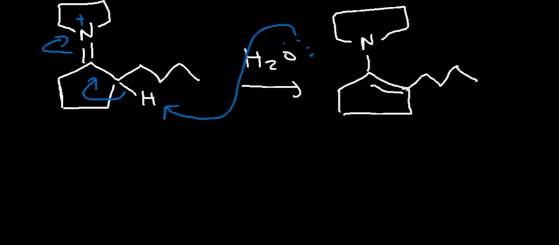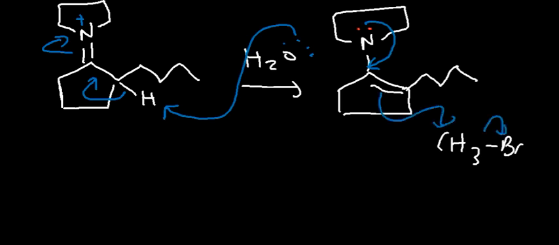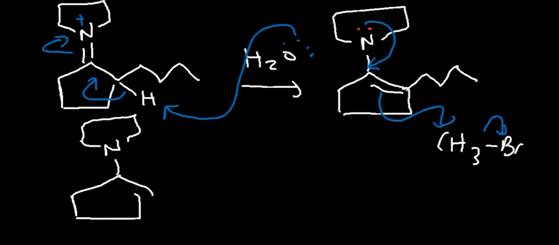So now, this enamine could react with something else. So notice that a second alkylation could occur. This could form a double bond and attack another methyl bromide. It's possible, but usually you just have to do the mechanism for one alkylation, but multiple alkylations can occur.